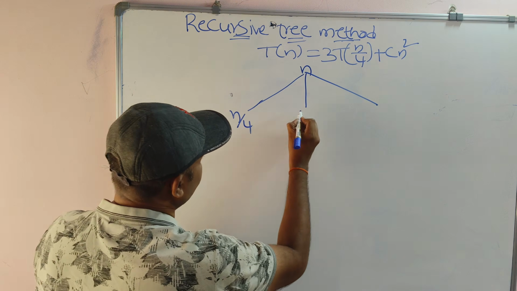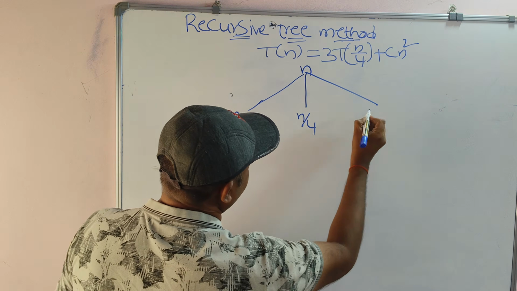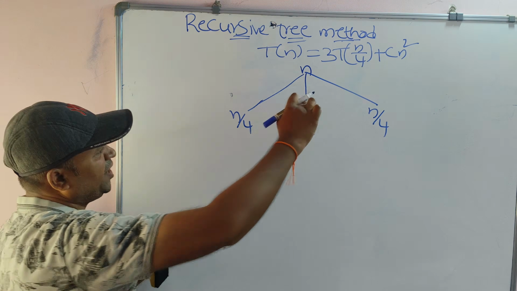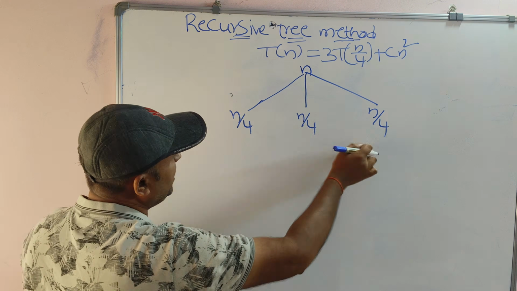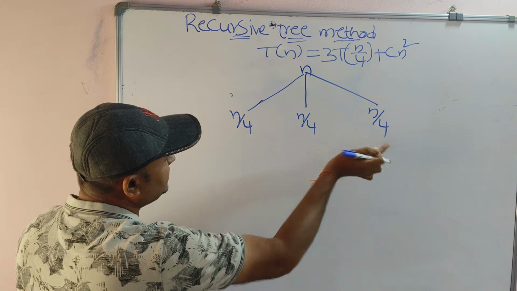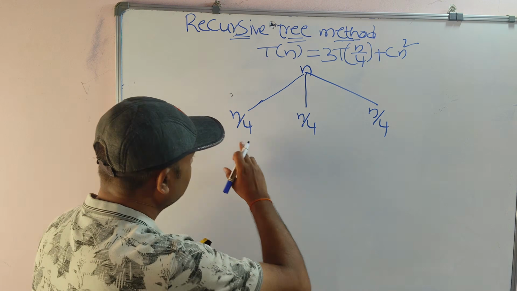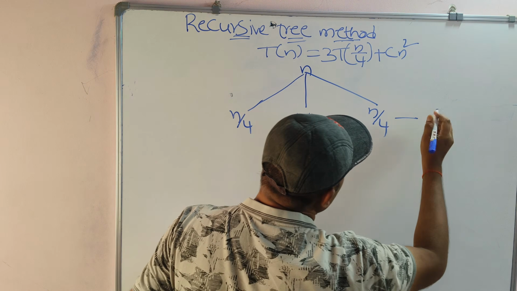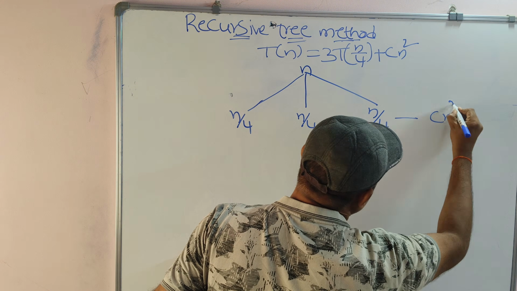So this is the first part, second part, third part. For merging all these elements, we require cn² comparisons.